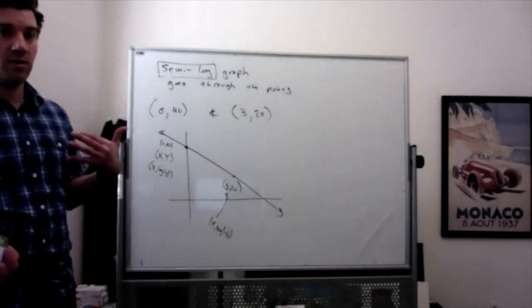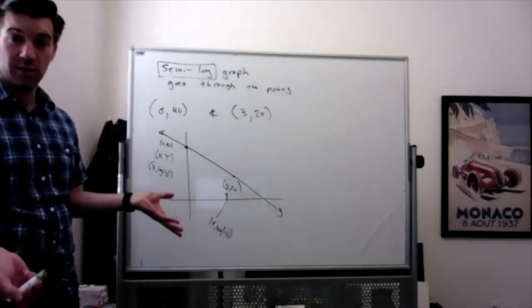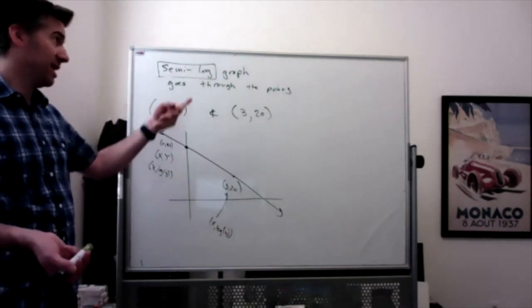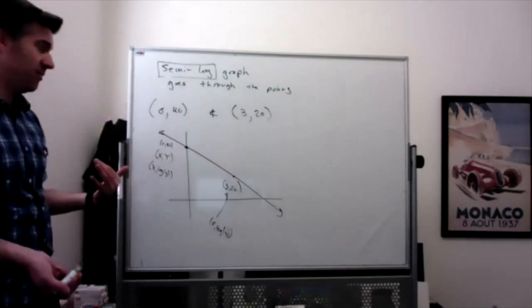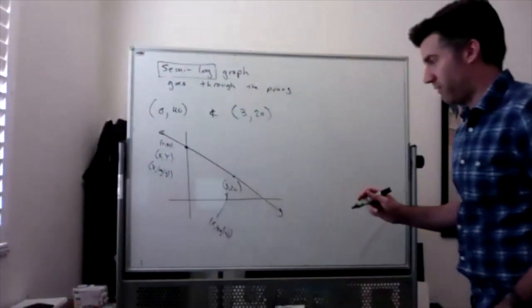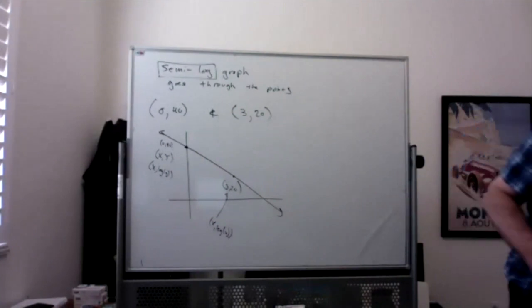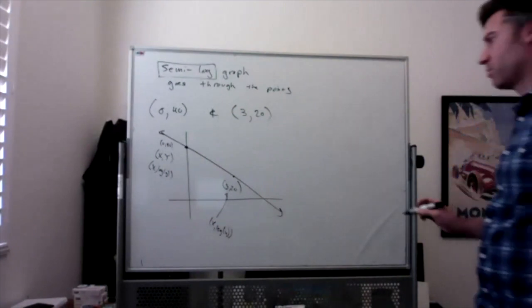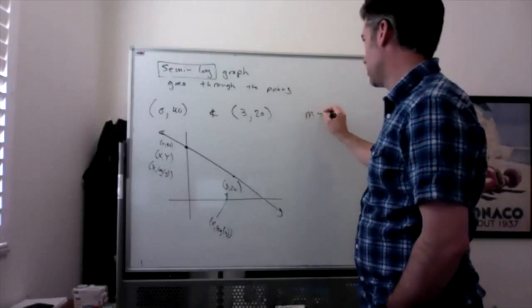So the idea here is that if we want to capture the original exponential function, and we know it's exponential because it's linear on a semi-log graph, then we're going to have to find the slope. Our slope here is not hard.